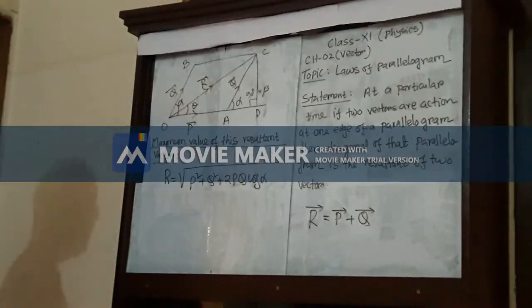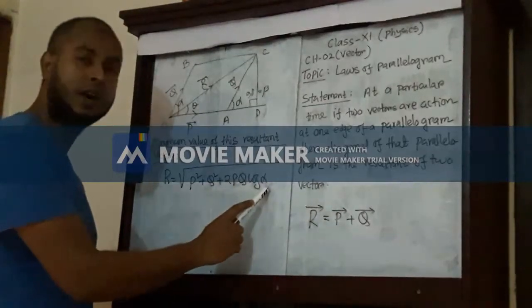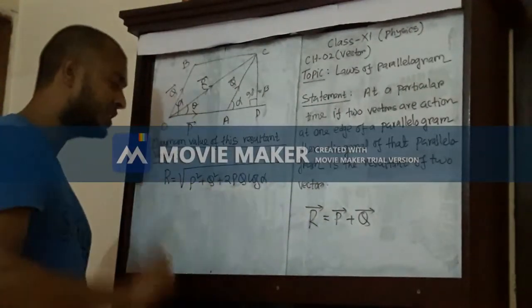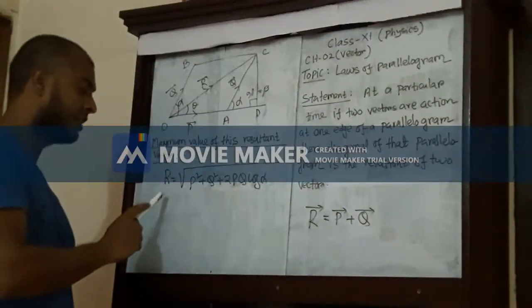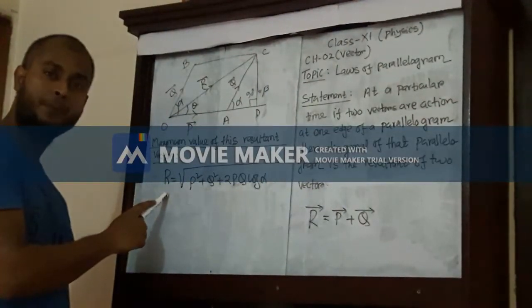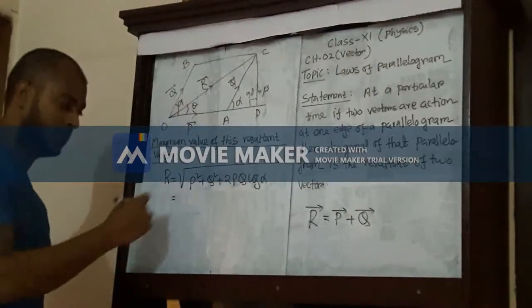You know, boys and girls, here P and Q are fixed. So this R basically depends on the value of alpha. When the value of cos alpha is maximum, I repeat, when the value of cos alpha is maximum, the resultant vector is also maximum. Now, the maximum value of cos alpha equals 1.